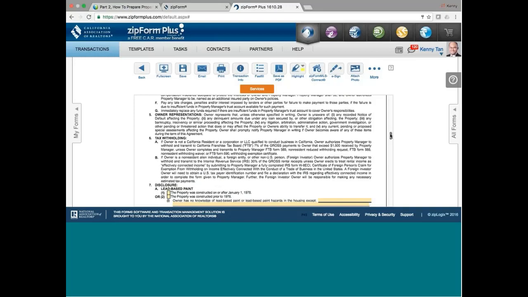We don't usually pay a lot of attention to that, but certainly, if the owner is not a California resident or corporation or LLC qualified to conduct business in California, owner authorizes property manager to withhold and transmit to California franchise tax 7% of the gross payments to owner that exceeds $1,500 received by property manager.